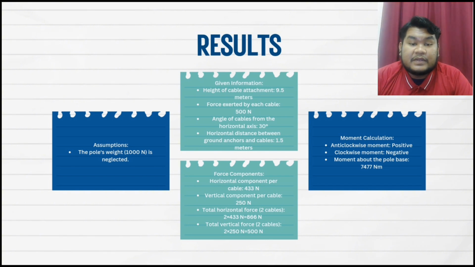That is why in our calculation for the summation of moments about the pole, we found out that the horizontal components are positive and the vertical components are negative. And after we've done the summation of moments about the pole from the base, we found out that the total moment is 7,477 Newton meters.